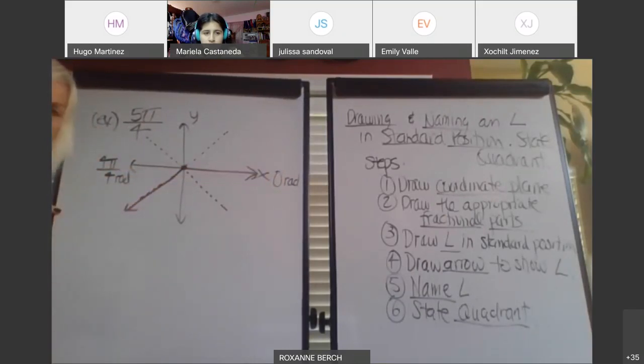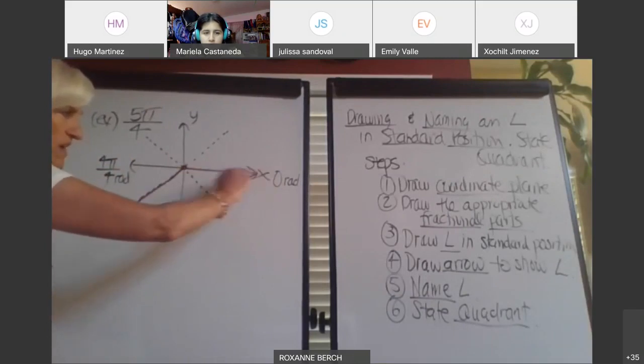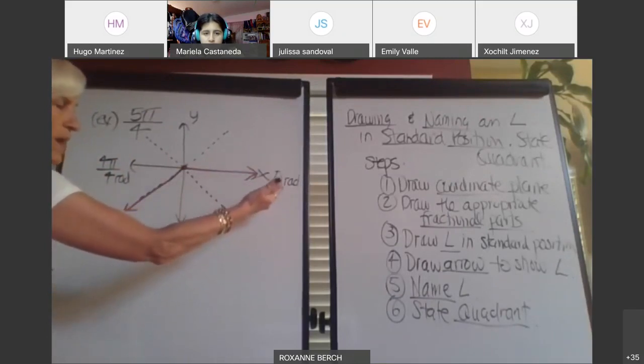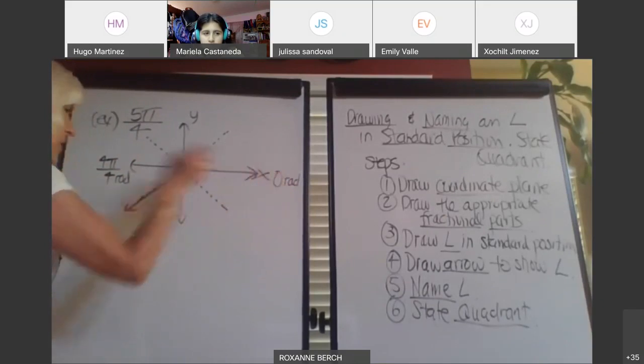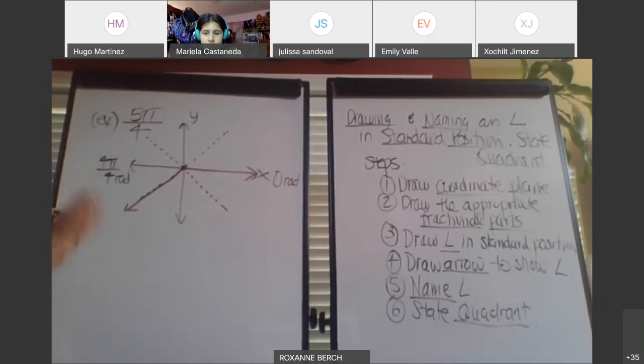Because remember, we were talking the other day that everything on this horizontal is going to be 0 radians, 2 pi radians, 4 pi radians, 6 pi. They're even. Over here are the odds: pi radians, 3 pi radians, 5 pi radians. So if I was going to graph 17 pi over 4, I'm not going to just start counting like that. I'm going to get tired of that. So anyhow, don't worry about that right now.